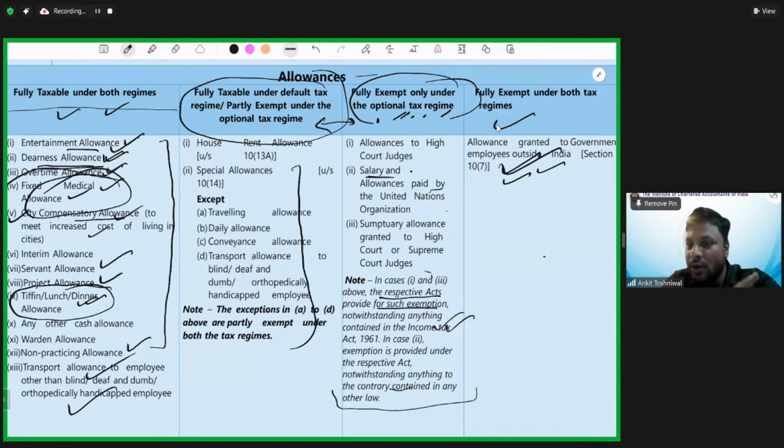Fully taxable, you have to remember: DA, entertainment allowance, city compensatory allowance, proctorship allowance, project allowance, tiffin allowance, lunch allowance, servant allowance, or transport allowance to normal employees. Okay? Fully exempted: outside India, embassy and the row case. The case of embassy and the row, fully exempted.